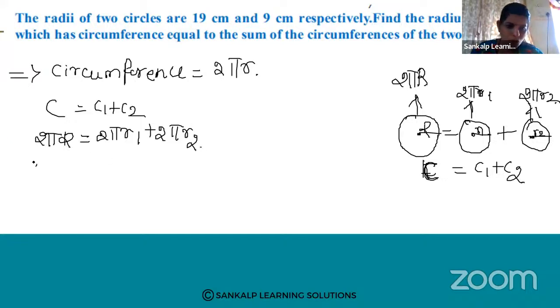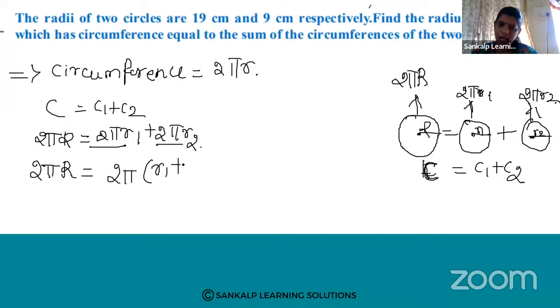Next. So 2 pi R is equal to, here also 2 pi is there and here also 2 pi is there. So I will take 2 pi common. What remains in the bracket? R1 plus R2. So R1 plus R2. Yes. 2 pi and 2 pi will get cancelled. Yes. Okay. R is equal to R1 plus R2.